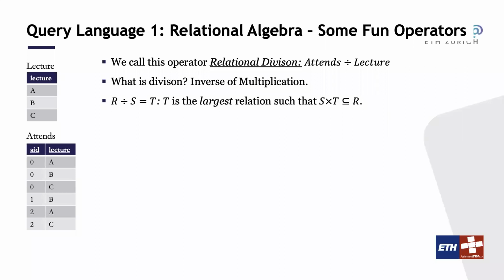It's very similar to the division of numbers, but the only difference is that here we want to find the T that's the largest relation. You can write it down, and it's very similar to how we answered the previous query, find all the students who took all the lectures. If you go home, it's very simple to prove that these two are equivalent.